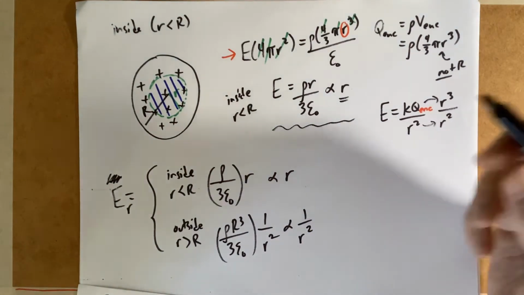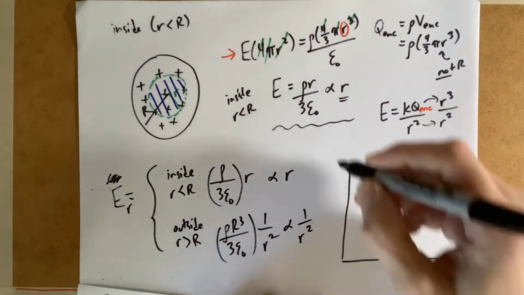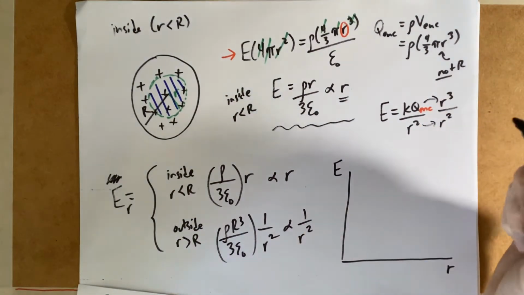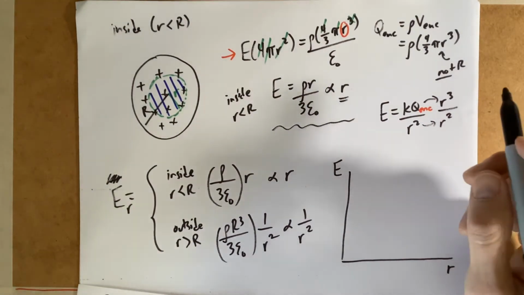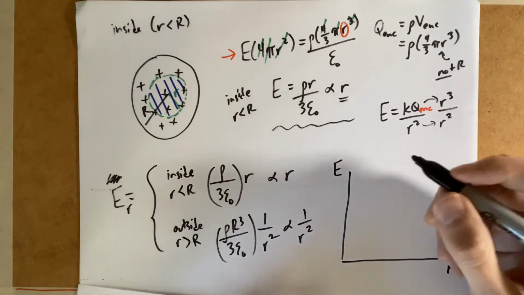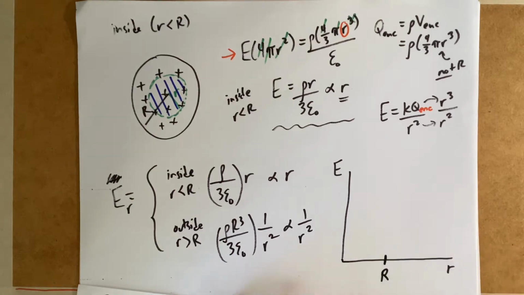So let me go ahead and draw what this looks like. I'll just draw the magnitude here. That would be generic to both a positive and negative charge. I'm not doing a negative charge here, but let's go ahead and mark off here. Of course, one of the most important cut points here is the big R, when I'm inside versus outside.